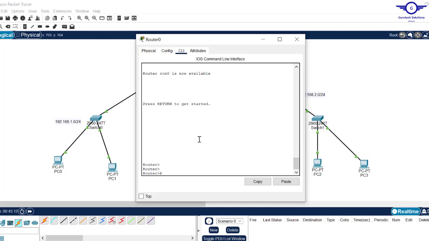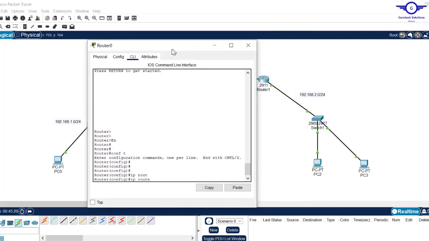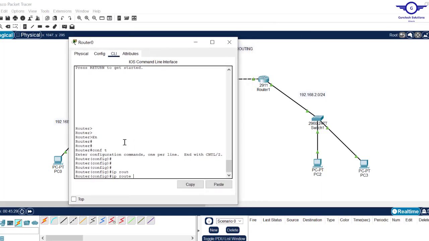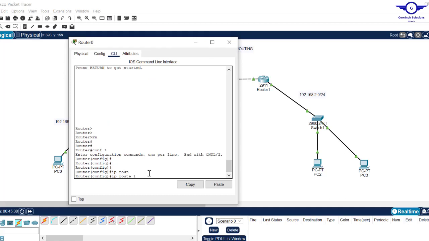So we just go this way: enable, config t. Then IP route. Where do you want the packets to route? Which packets to which destination? We want to route to this destination. So we say ip route 192.168.2.0, then 255.255.255.0.